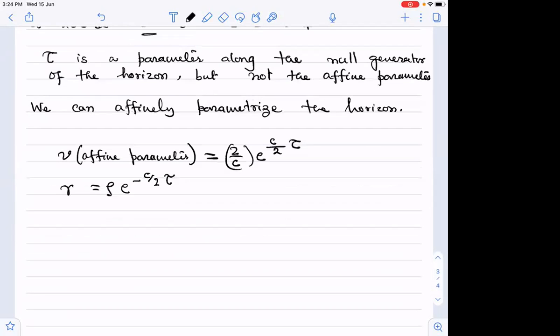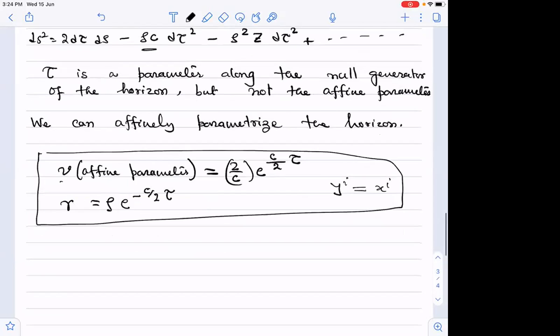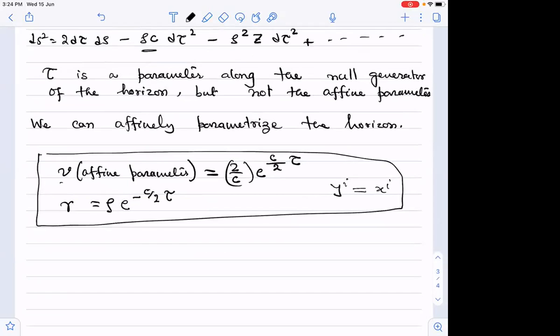The y i, which I'll call x's, remain there. This coordinate transformation takes it to the affine parameterized form. Substituting it with C equal to constant, the metric takes this form in this coordinate.